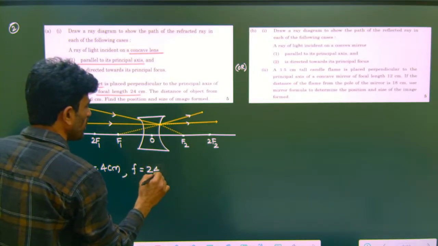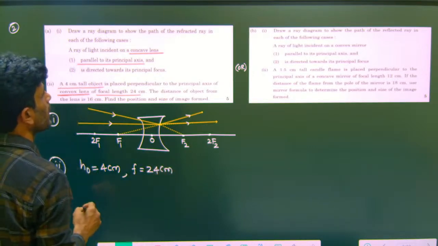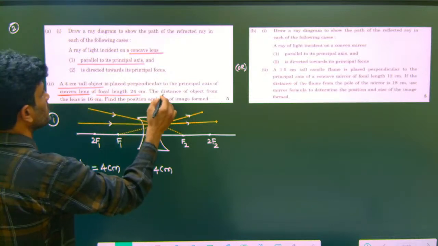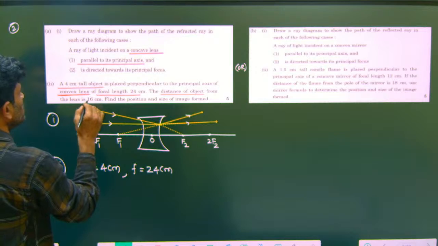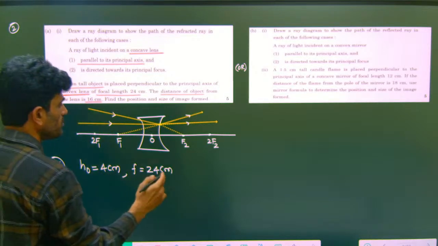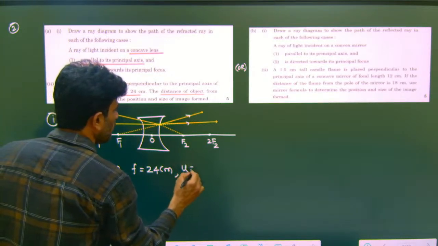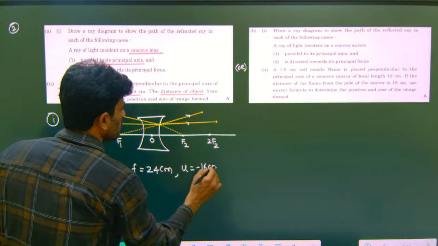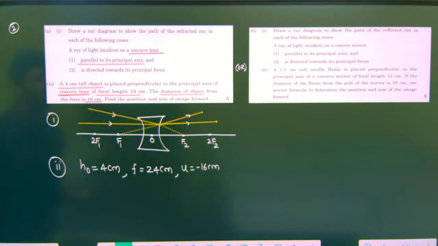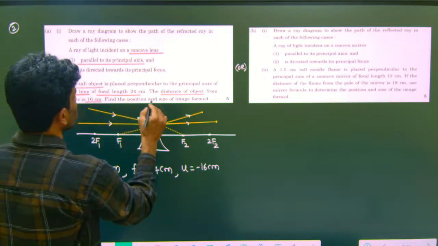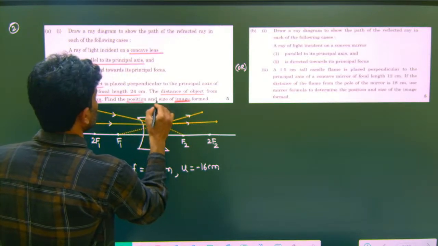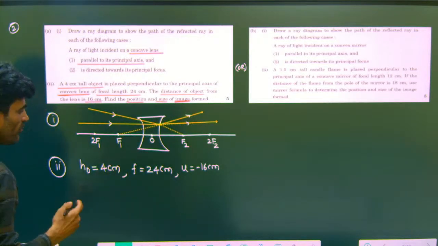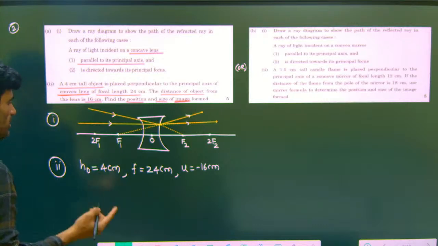F is equal to 24 centimeters. And the object distance is given, which is 16 centimeters. Object distance should be taken negative, so it is minus 16 centimeters. What they are asking is to find the position and size of the image formed.